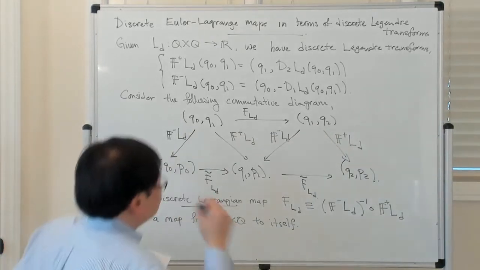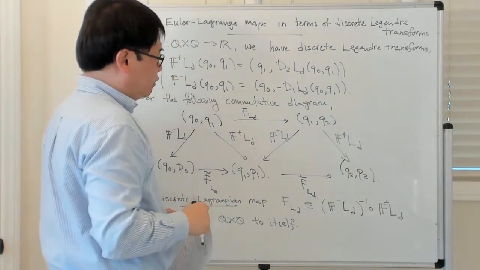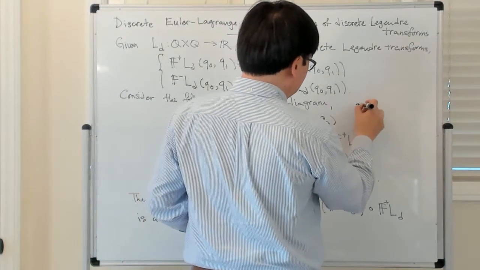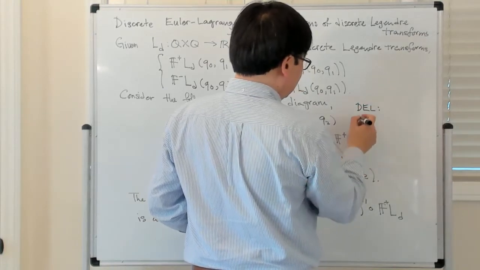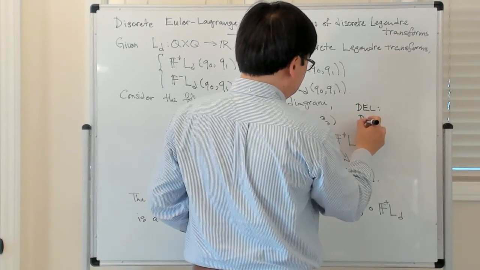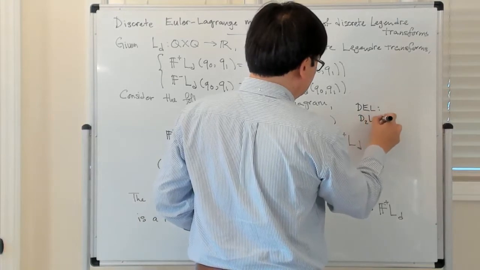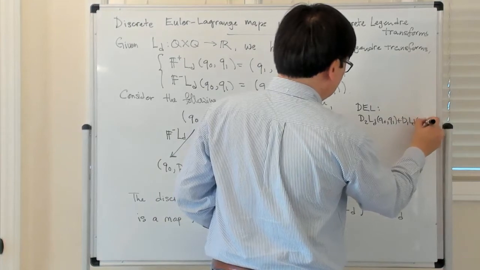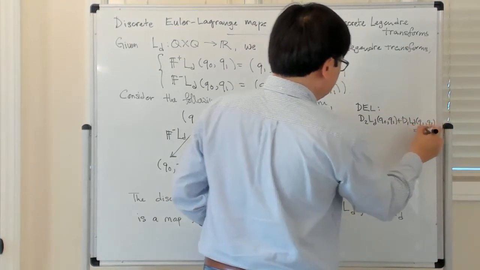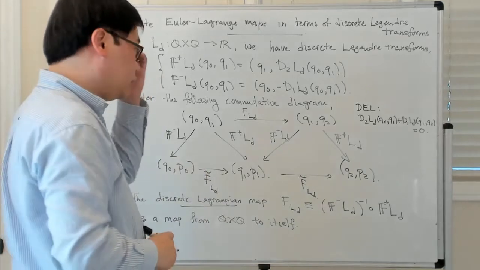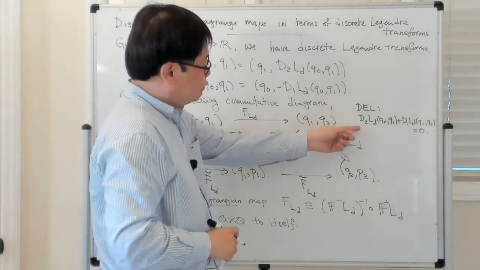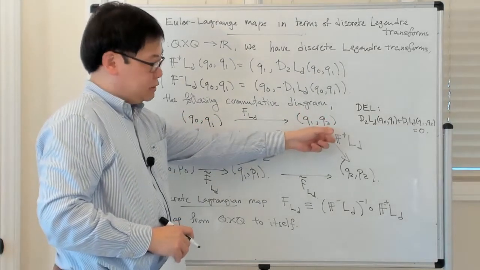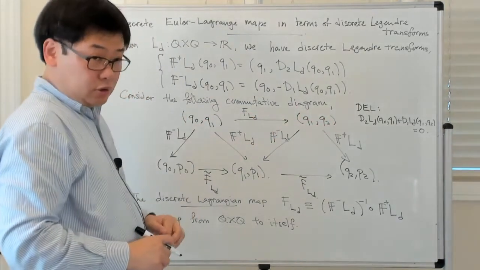If you recall the form of the discrete Euler-Lagrange equations, they said something like D2 L_D(q0, q1) plus D1 L_D(q1, q2) is equal to 0. That's an example of a discrete Euler-Lagrange equation, and you can interpret it as implicitly defining this map from (q0, q1) to (q1, q2), because it implicitly tells you what q2 is in terms of q0 and q1.